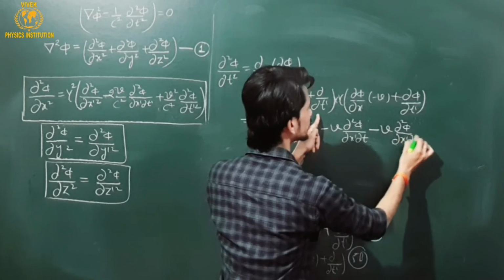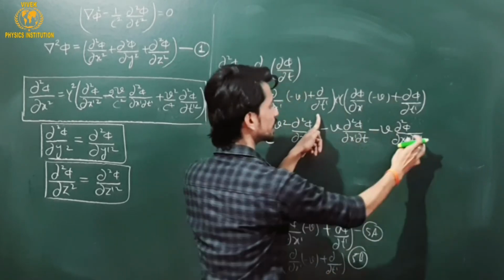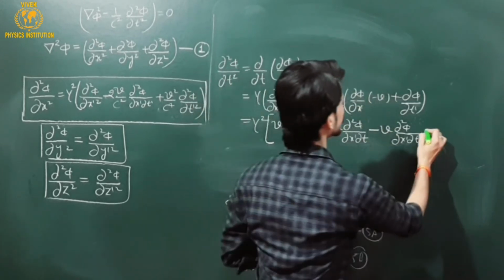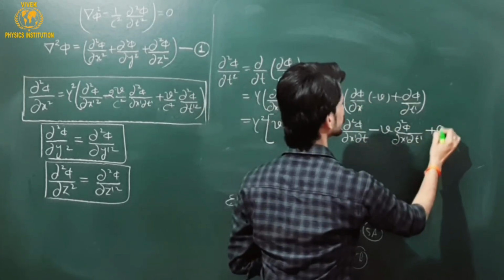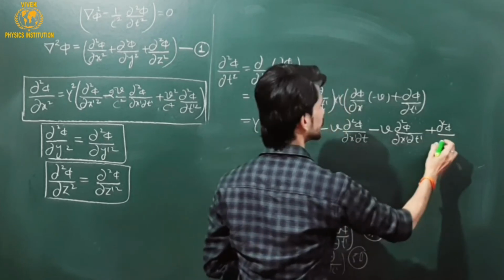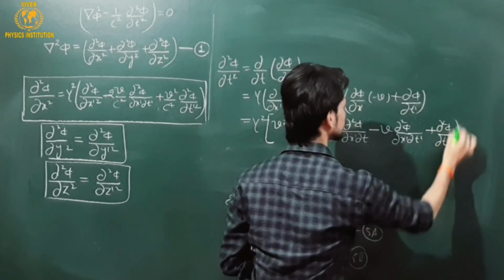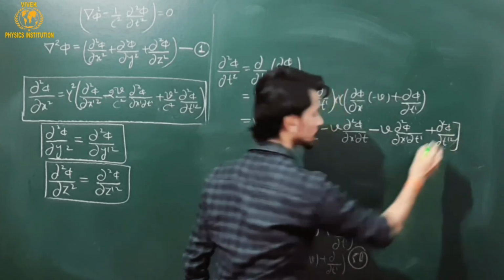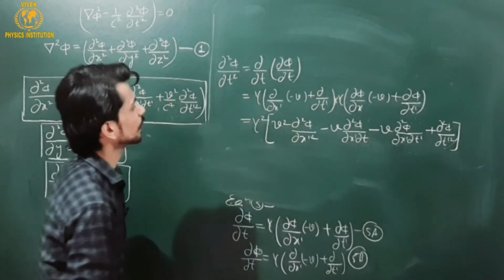Again when I operate this factor on this factor I will get plus del square phi over del t dash square. This is the value for the second derivative of phi with respect to t.